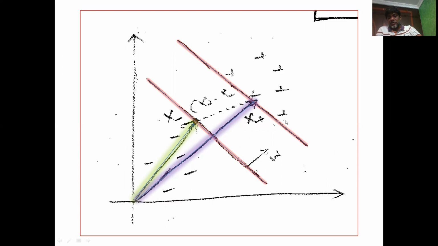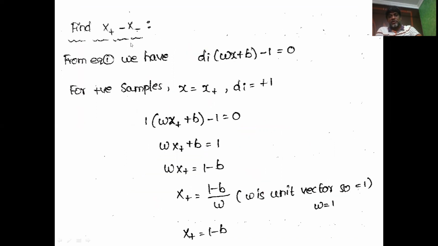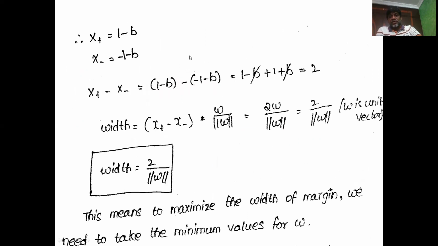After calculating x plus minus x minus, we get the value as 2. Therefore, the width becomes 2 by mod w. This says that for minimum values of w, the width can be maximized.